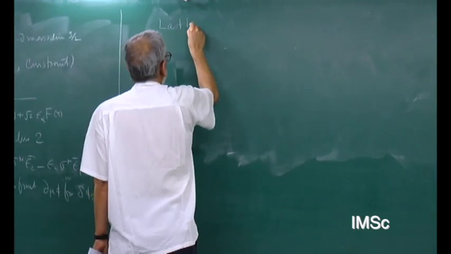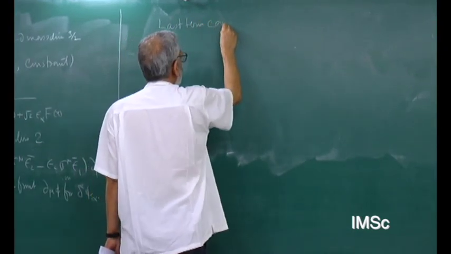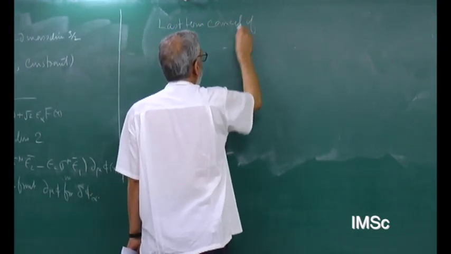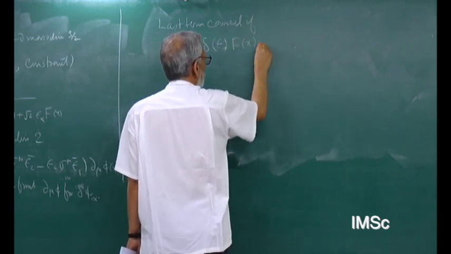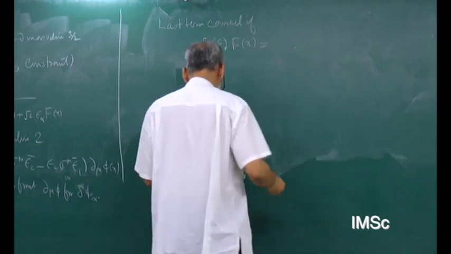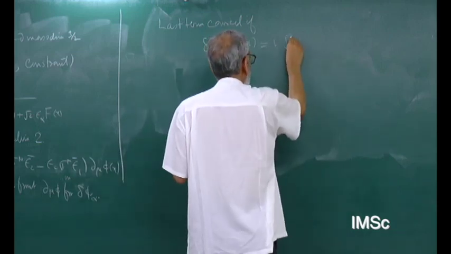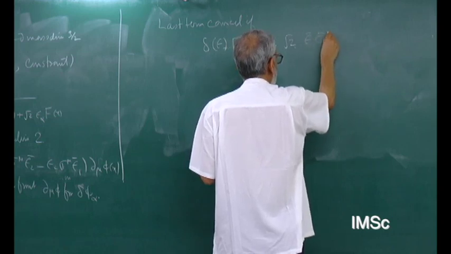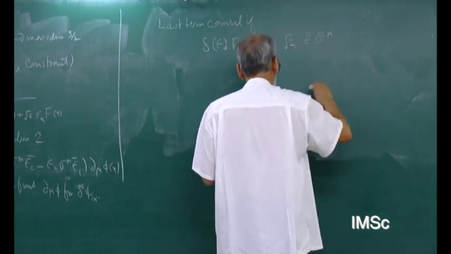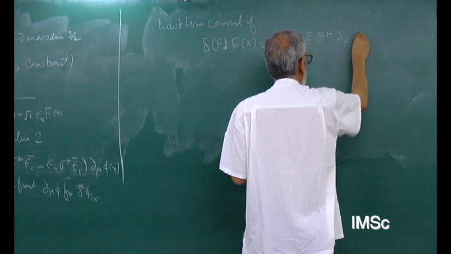Last terms cancel if delta epsilon of F x is written in this form: i root 2 epsilon bar sigma mu bar d mu psi.